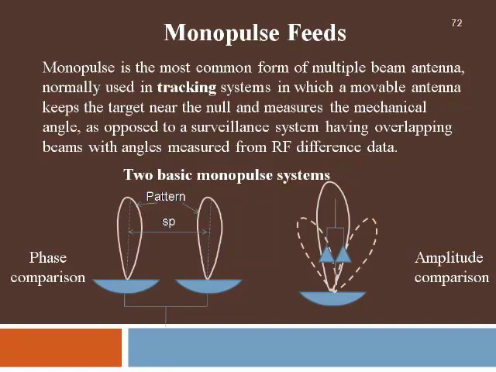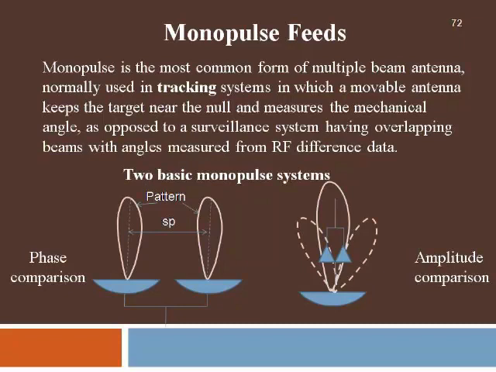So here it is very commonly used with multiple beam antennas for tracking applications, in which a mobile antenna keeps the target near the null and measures the mechanical angle, as opposed to a surveillance system having overlapping beams with angles measured from RF difference data.